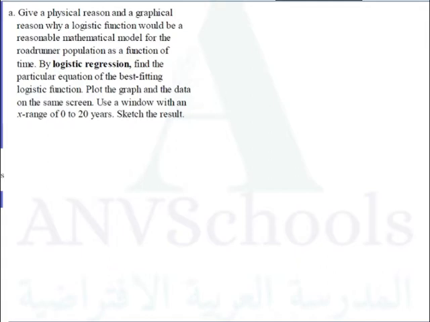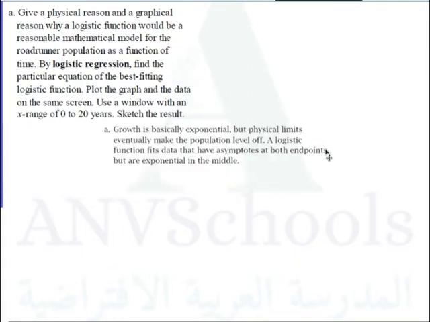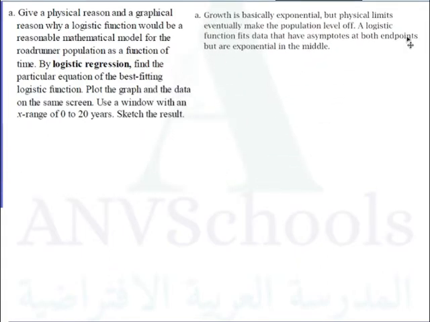Because first of all, that preserve has a certain limit, and it has to accommodate only a certain population of roadrunners, because otherwise there would be scarcity in, for example, food and habitat. So for a course of, let's say, 20 years, their population will eventually level off. The general explanation is that growth is exponential, but physical limits make the population level off.